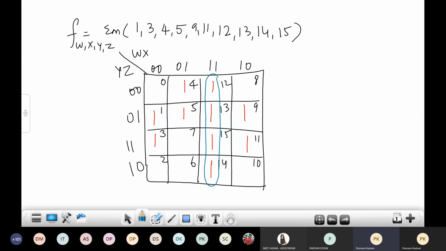But there are groups of 4 cells available. One of the groups of 4 cells gives the resulting product term WX.